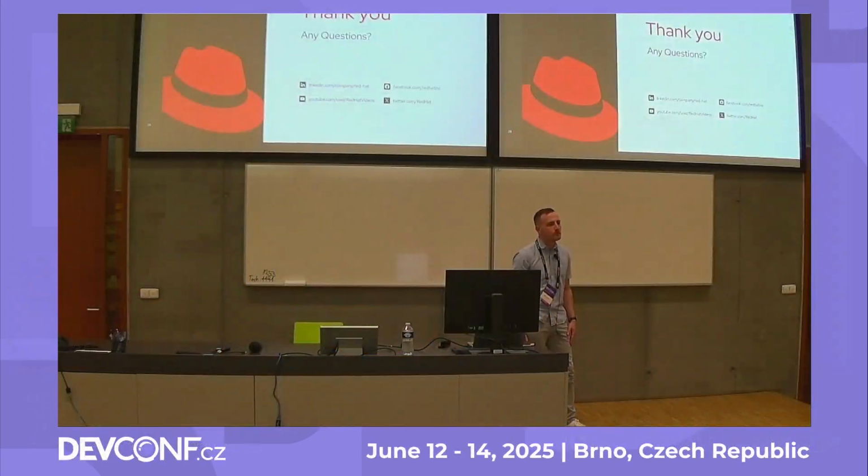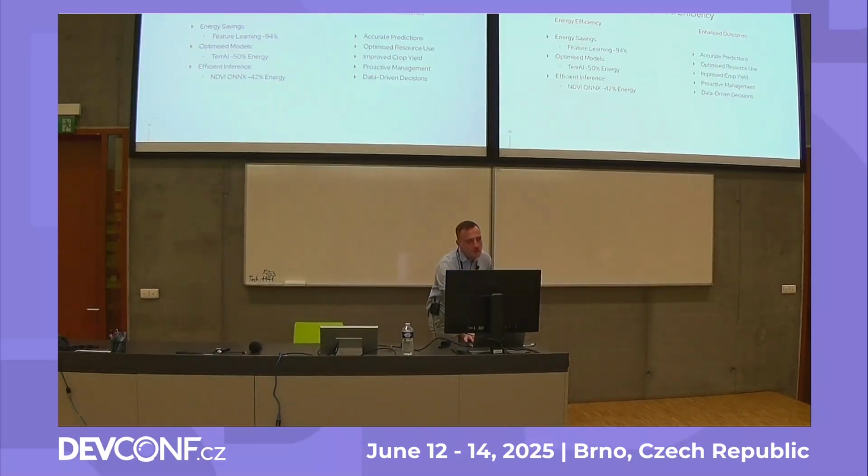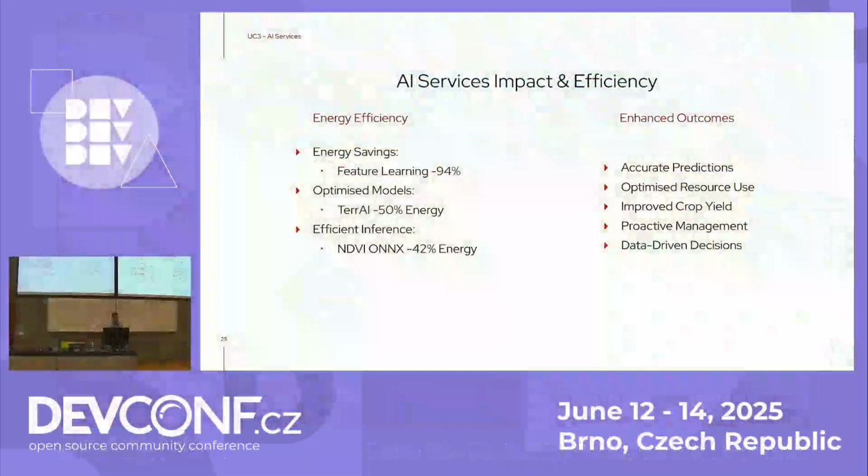You talked about energy reductions. Energy reductions of what and who? Okay. So the explainable feature learning, that was a 94% reduction, and it was measured during the automatic discovery of representations from input features.